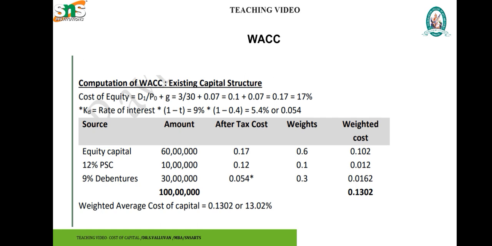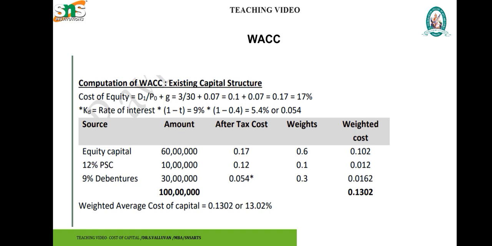Then after tax cost, we have already found the after tax cost. For cost of equity it is 17%, so 17 divided by 100, 0.17, and preference share capital is 12%, 0.12, and 9% debenture, that is cost of debt, 0.054.